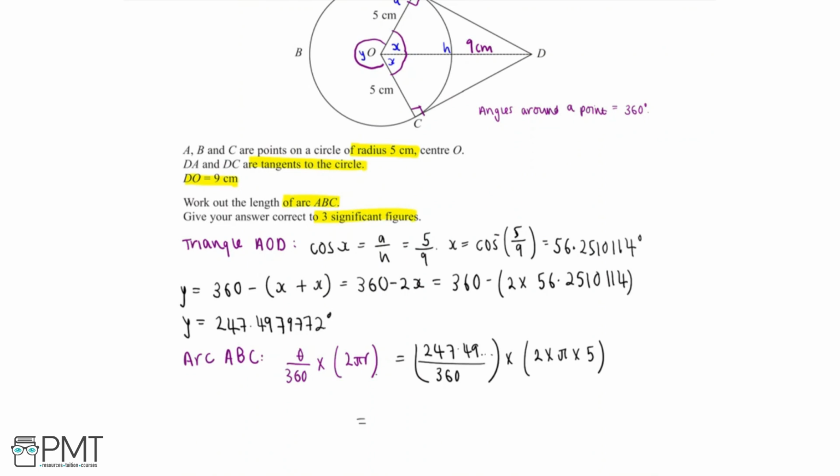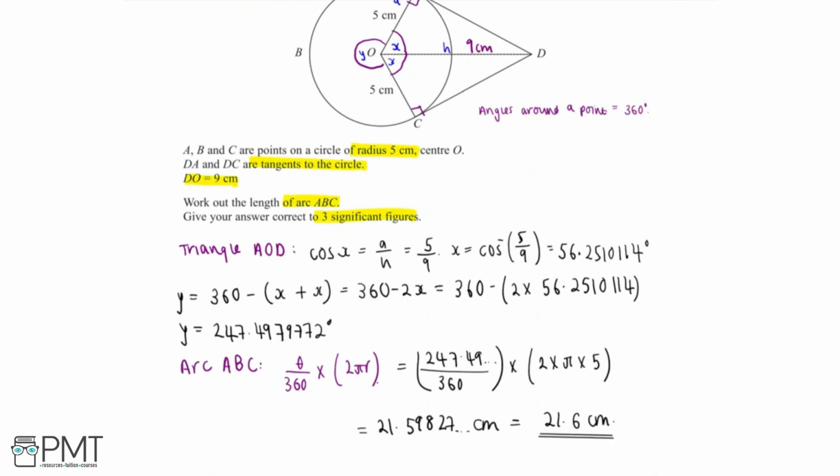And now placing this entire equation in our calculator, we'll get an answer that the arc length is equal to 21.59827 centimeters. We're asked to give our answer correct to 3 significant figures, and so the length of arc ABC is equal to 21.6 centimeters.